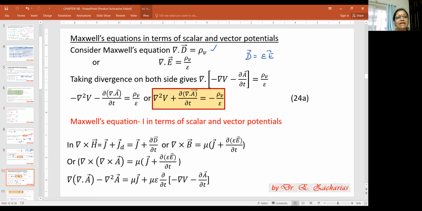Next, take divergence on both sides of this equation, and also substitute for E. E is after all minus del V minus dou A by dou T. Make that substitution.